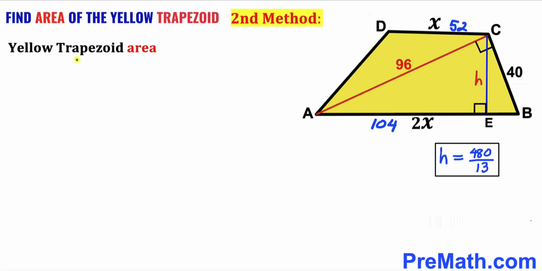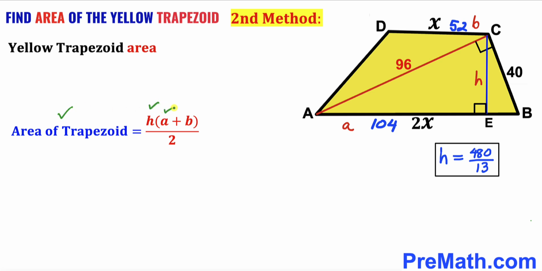And here's our final step. Let's go ahead and calculate the area of this yellow trapezoid. And now let's recall the area of a trapezoid formula once again. Area equals height H times A plus B all over 2. And in our case, our A value is 104, our B value is 52, and our height H value is 480 divided by 13.